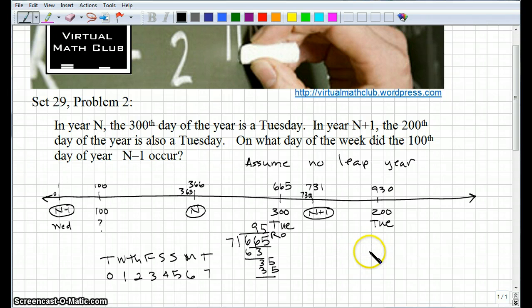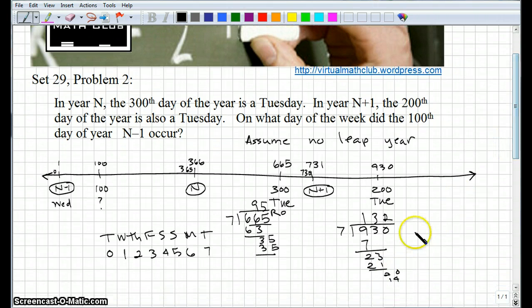So here we have 930, and if we want to figure out how many weeks have passed since the first day of year n-1, we can divide it by 7. So let's see, 1, 7, 23, 3, 21, 2, 2, 14, and it looks like we get a remainder of 6.